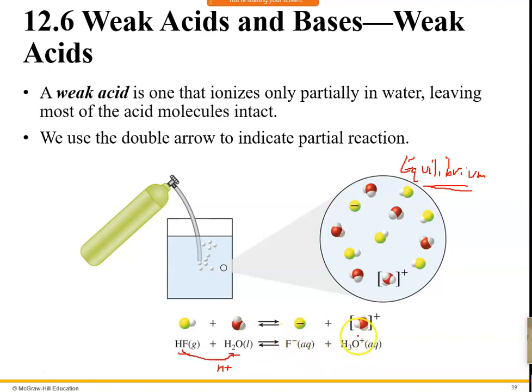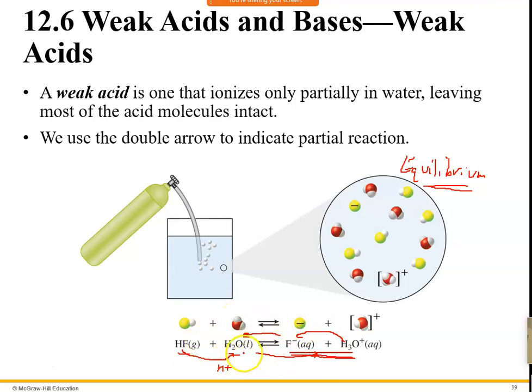At a certain concentration, these compounds then start reacting with themselves, and the H plus ion donates its hydrogen back to F minus to reform HF and water. And then as more HF and water react to form F minus and H3O plus, as soon as I form a certain amount of this, it goes back and reforms.